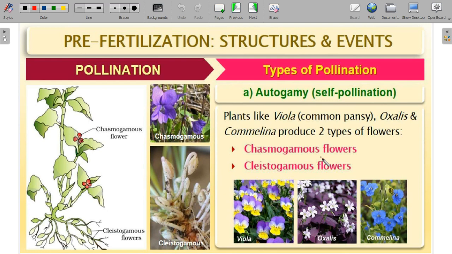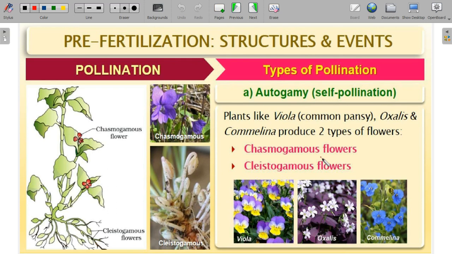Chasmo means exposed or open flower, where the floral appendages are open. That means the colorful part of the plant, the petals, are exposed, they are open.